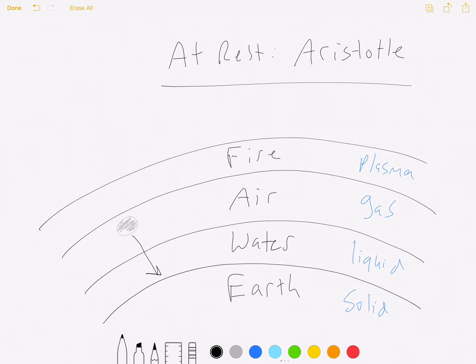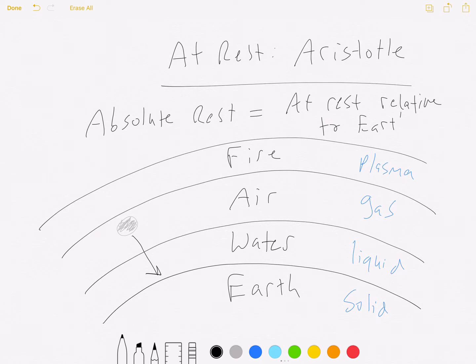So for Aristotle, absolute rest meant at rest relative to Earth. Since the Earth is not moving, if you are not moving relative to Earth, then you're also not moving. Okay? But people like Copernicus and Galileo, who came after, sort of changed that perspective.